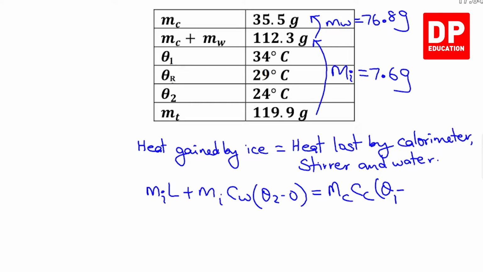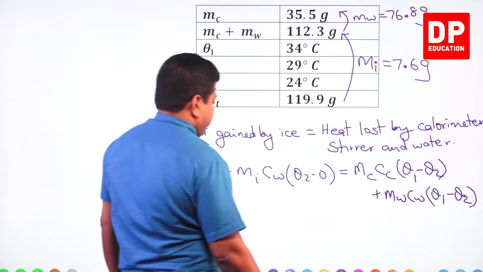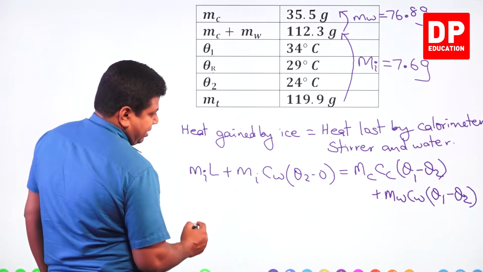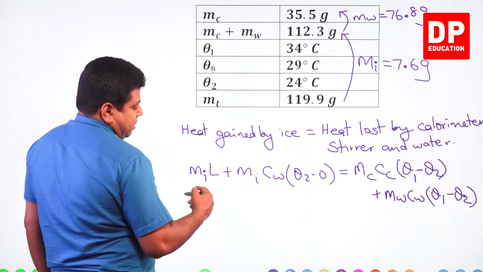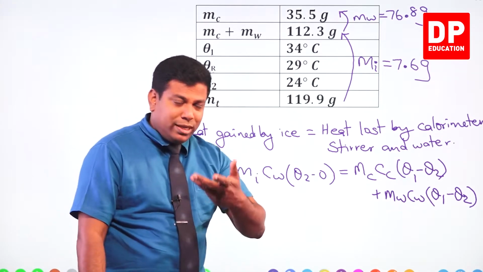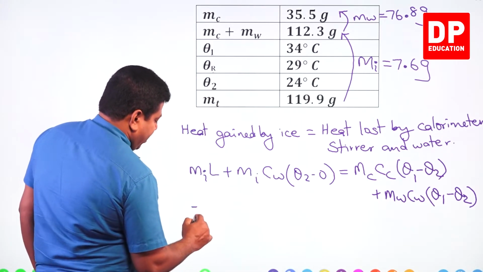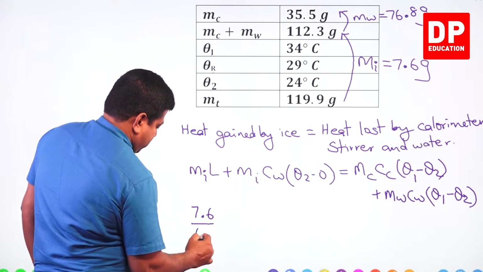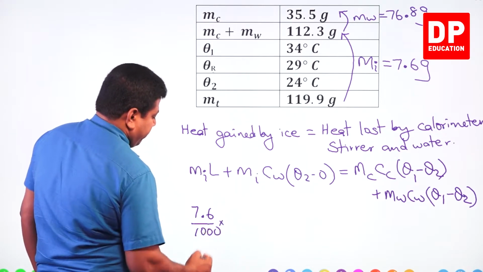Heat loss: M_W C_W. M_I is 7.6 gram. See, all the M's are going to be in grams, so you don't have to divide by 1000. If you really want, we can divide it as well to convert to kilogram.